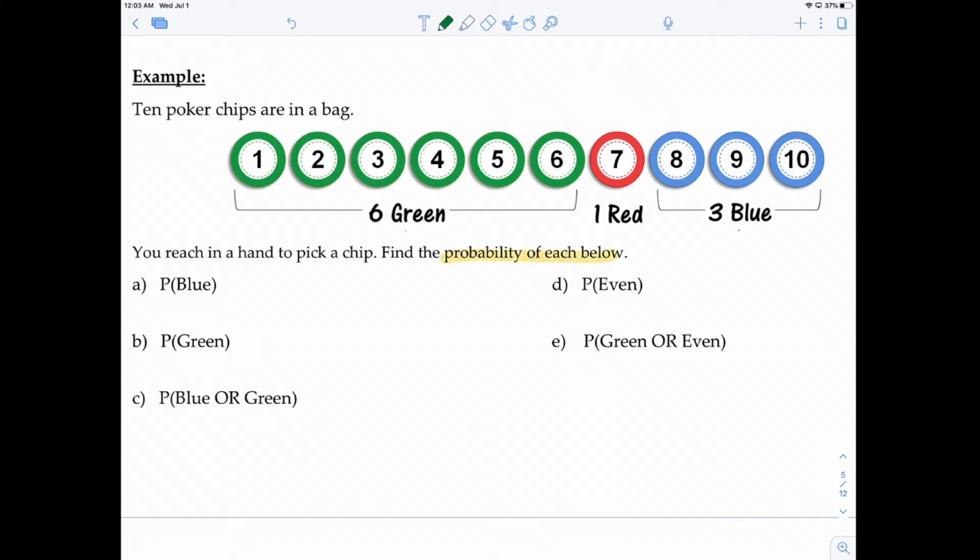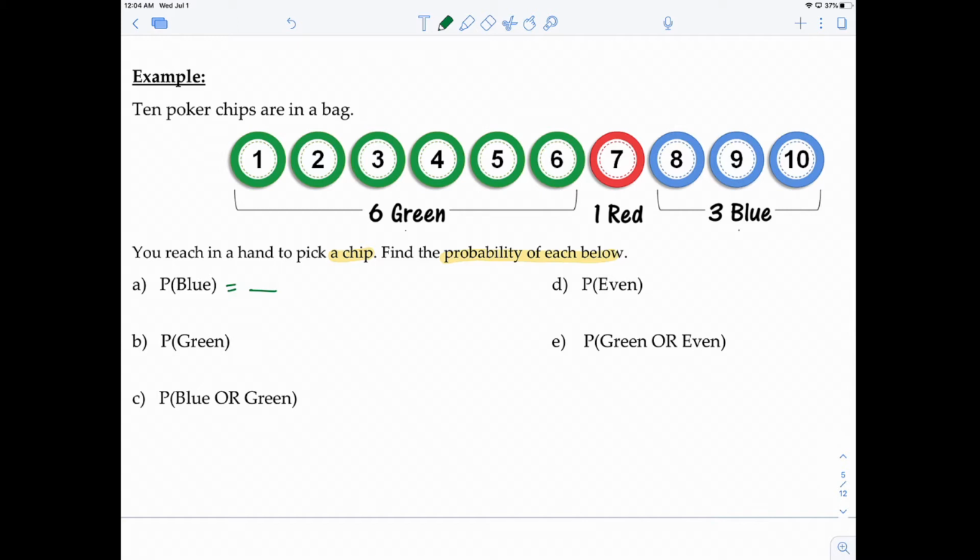So what is the probability that you pick 1 chip? Again, you're picking a chip, that's 1 chip. And what's the probability that it's a blue chip? So we know from the basic definition of probability, we would calculate this as the number of ways we can choose a blue chip over the total number of outcomes, right?